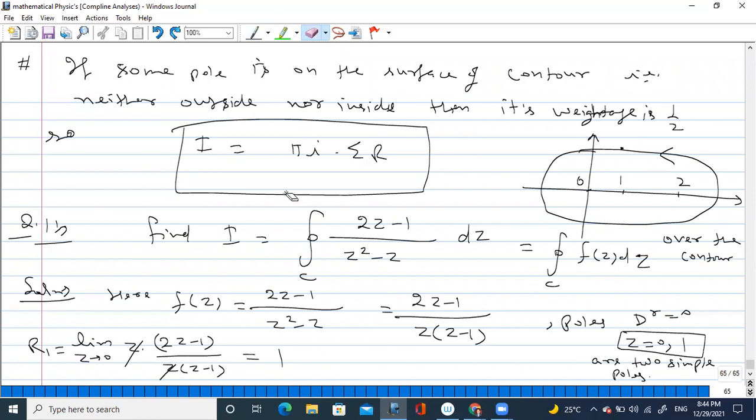So for both of them I have to find the residue. Residue r2 will be limit z tends to 1 of (z minus 1) into f(z). f(z) is 2z minus 1 divided by z into (z minus 1). z minus 1 cancels. Now put z equal to 1, it becomes 2 minus 1, which is 1. So this is also 1. Note down this.